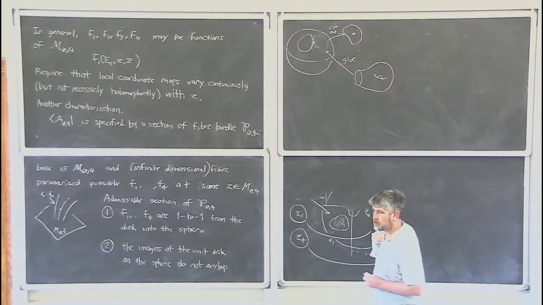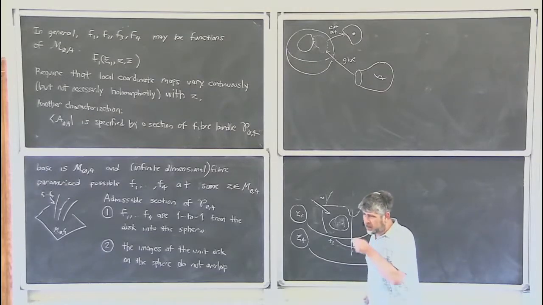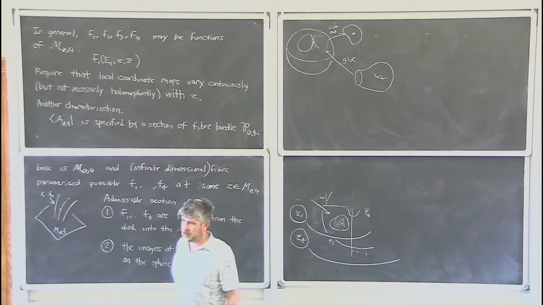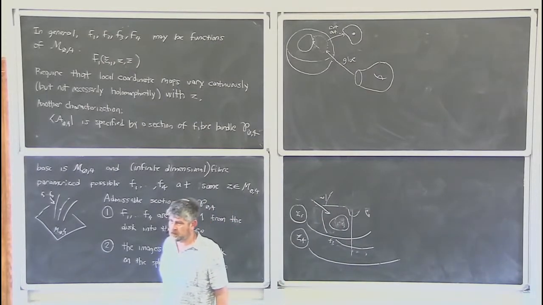If, instead of starting with A04, you start with something with a loop, A14, then the region you cut out should be topologically trivial.